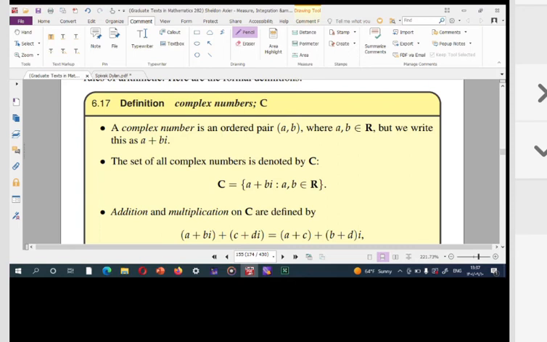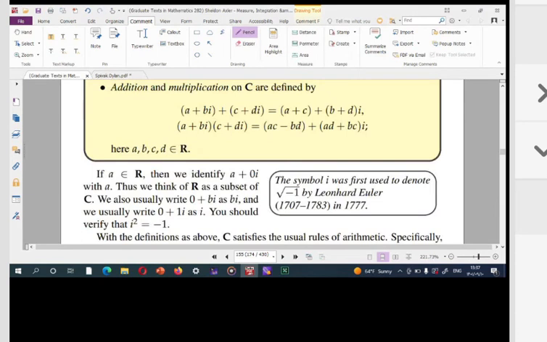Addition and multiplication on C are defined by these two. This is addition: (a plus bi) plus (c plus di) equals (a plus c) plus (b plus d)i. These real numbers must be added together, and these two added together.